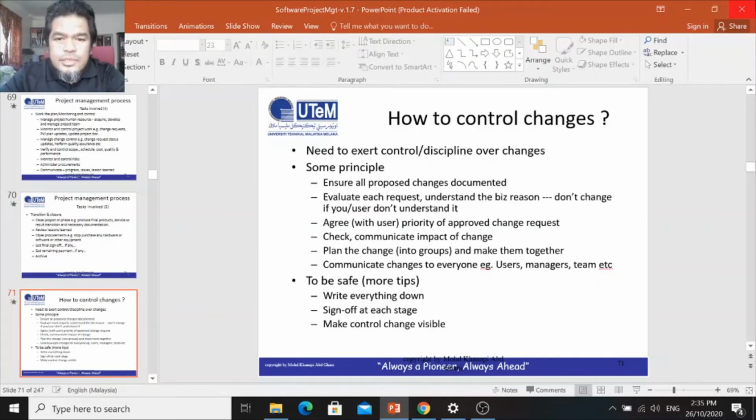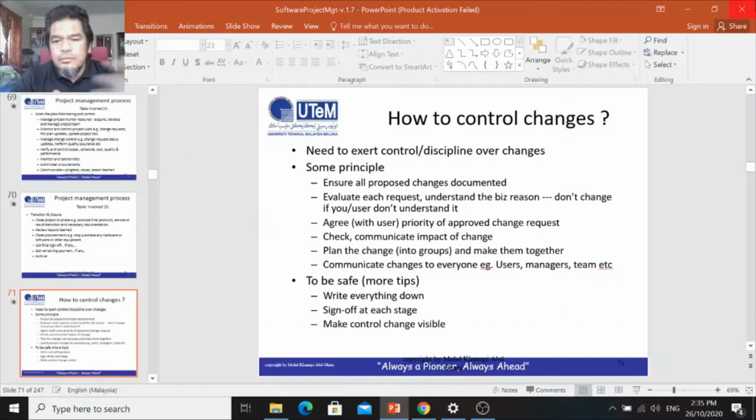You need to evaluate the request. You need to understand the business reason. Don't change if you don't understand it. So you need to agree, and this can be done in the committee. Check and communicate the impact of change, plan the change, communicate changes to everyone.